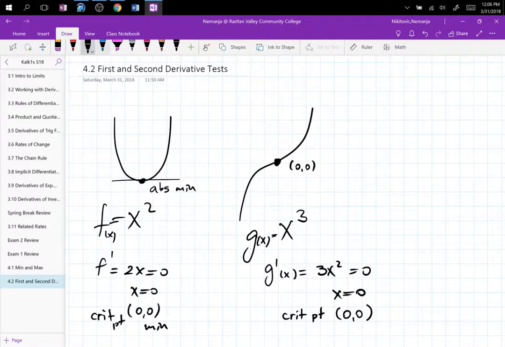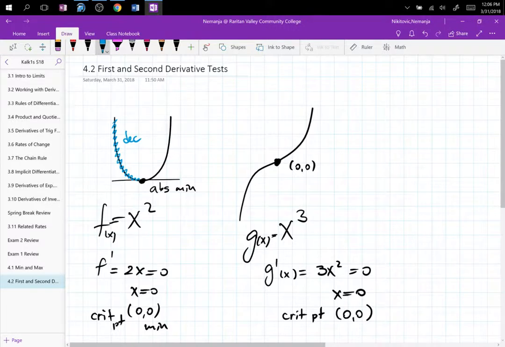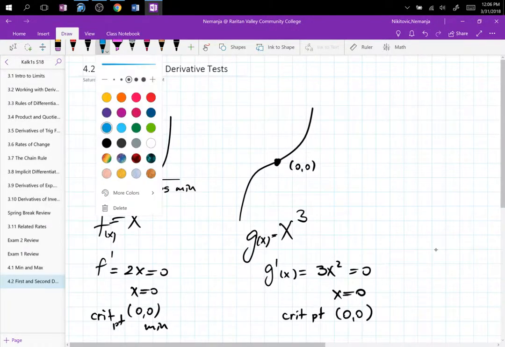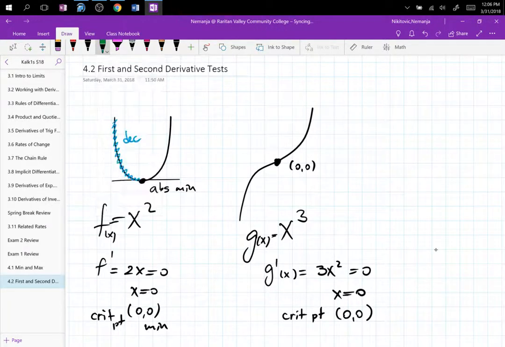So what are we learning now? This blue part of x squared is the decrease, and this green part here is the increase.